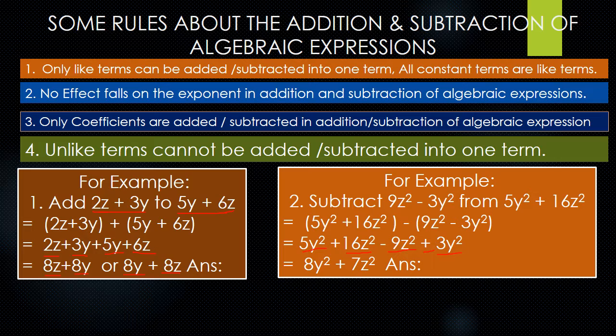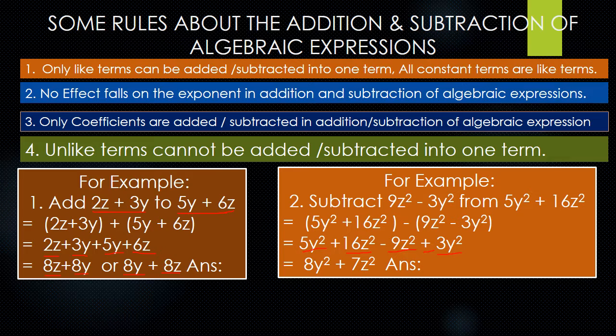Now you look at here, 5y square plus 16z square. Here again I have removed the parenthesis: minus 9z square plus. Why is this plus here? Because in the upper sentence minus is given.